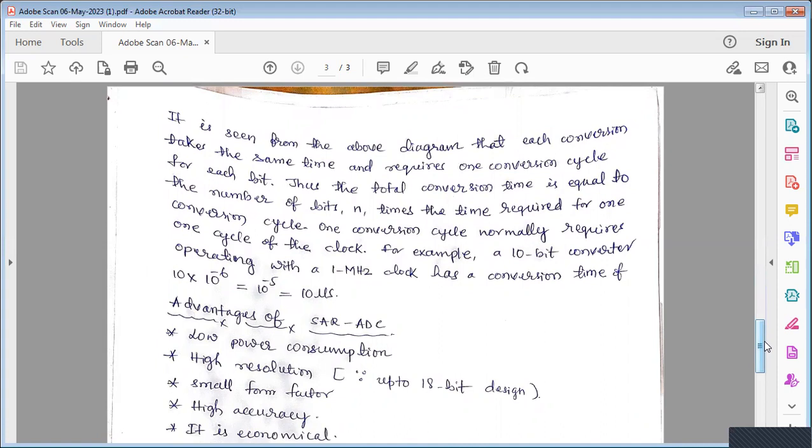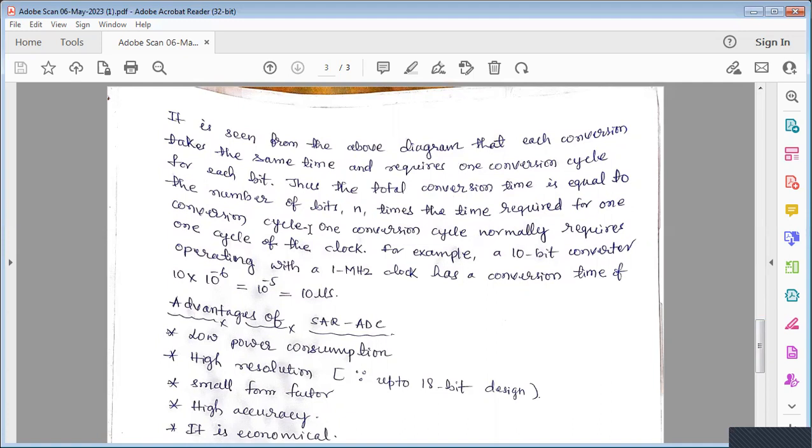That is a very important point. So it requires one cycle for each bit, so the time period of one cycle becomes the conversion time for each bit. And thus the total conversion time is equal to the number of bits n times the time required for one conversion cycle.